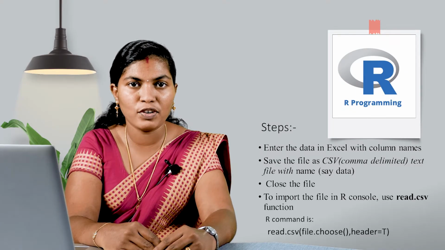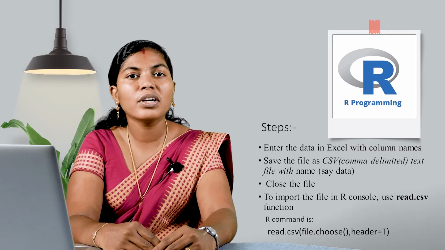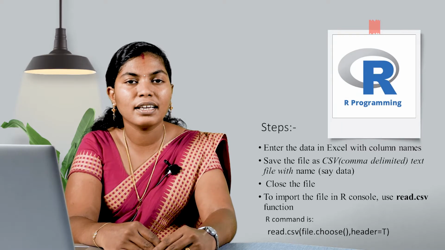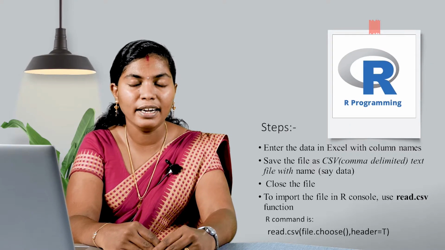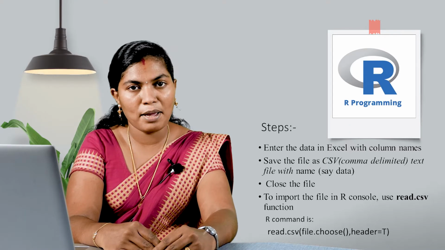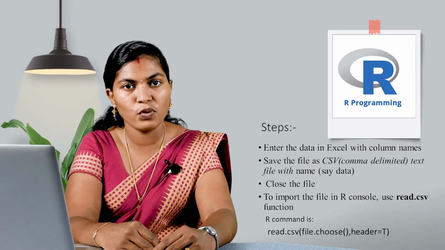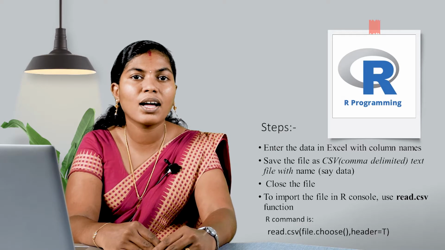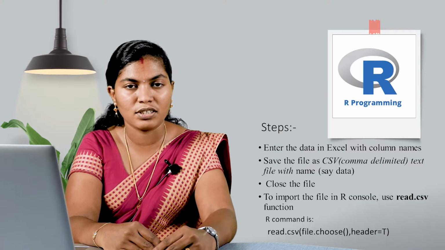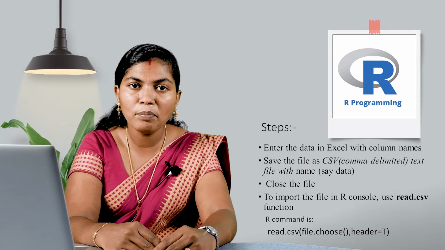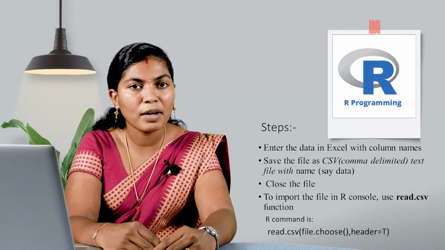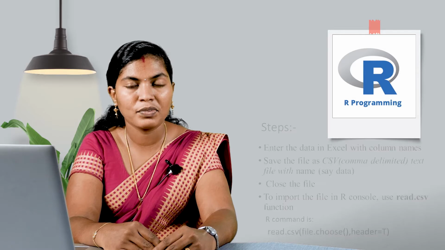Then close the file, and then in order to import data into R, open R console. Then use the R command read.csv. CSV means comma separated values. By using that command, you can import the data from Excel into R.